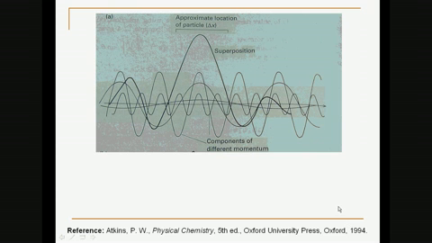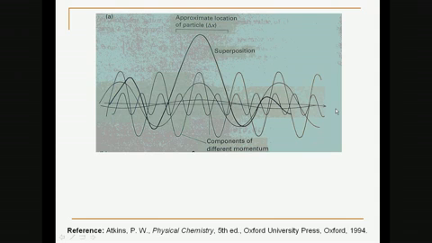Now let's keep this in mind for a moment and look at this picture that I have borrowed from this reference here. Now what we have here is several sine functions. For example, this is one, here's another one, and here is yet another one.